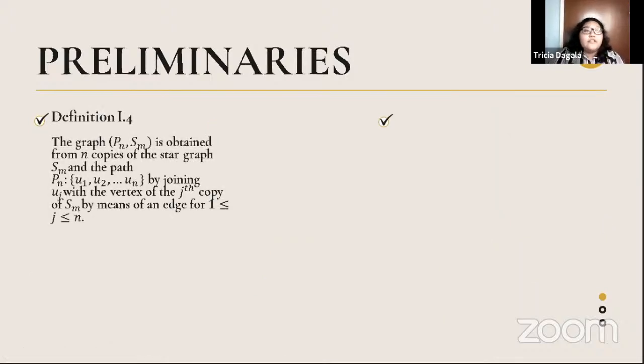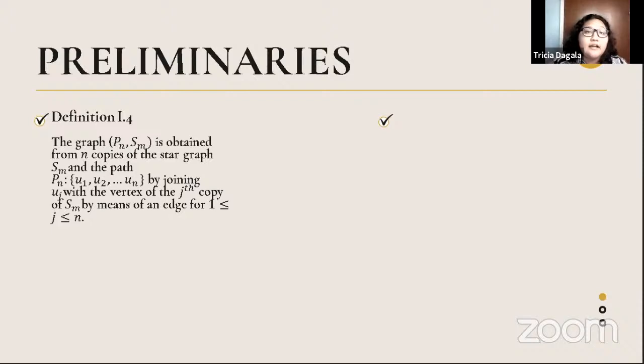For the fourth definition, the graph P sub n and S sub m is obtained from n copies of the star graph S sub m, and the path P sub n consisting of vertices u sub 1, u sub 2 up to u sub n, by joining u sub j with a vertex of the jth copy of S sub m by means of an edge for all j from 1 to n.